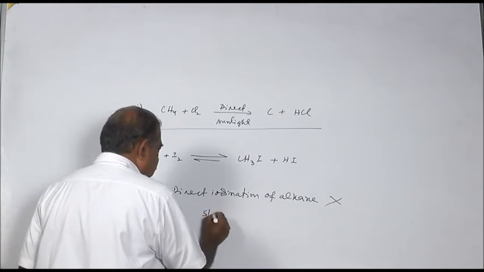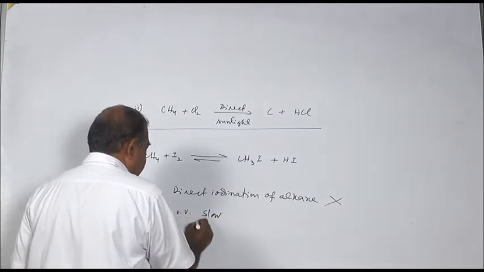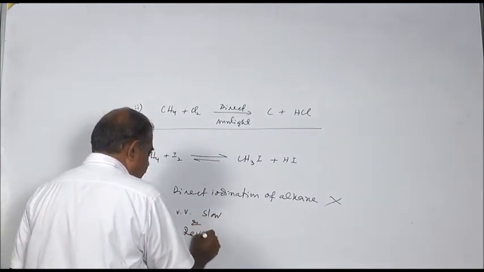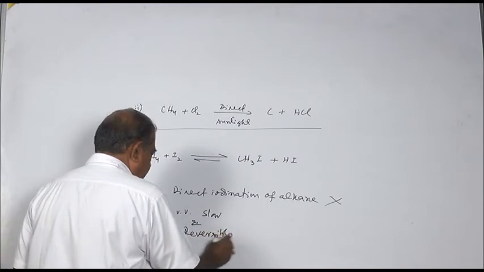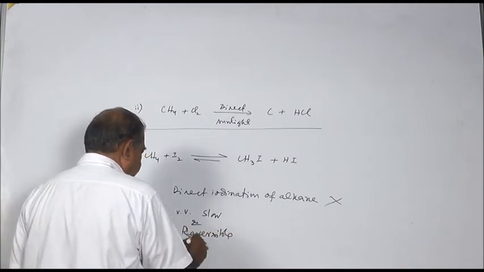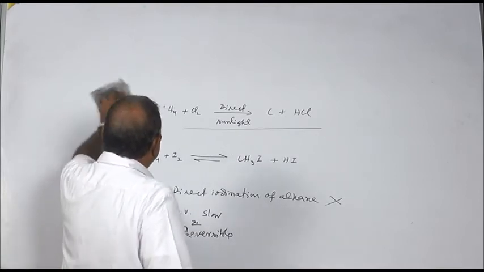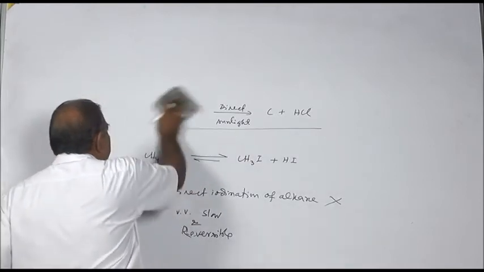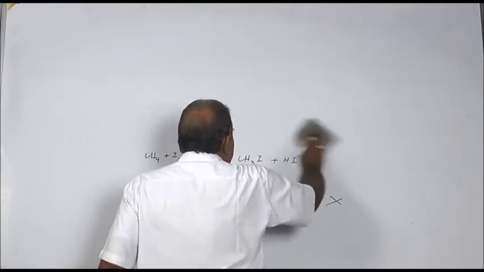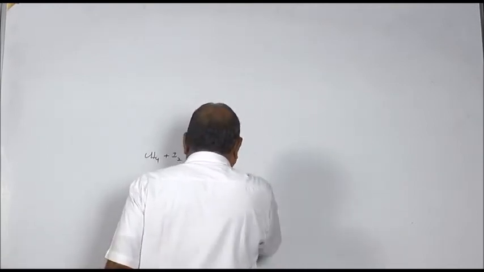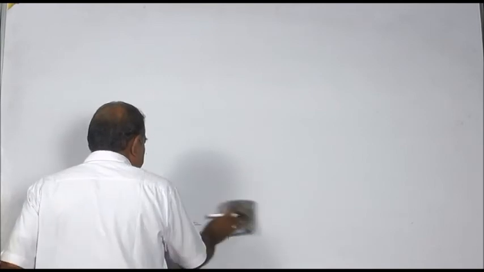Therefore, direct iodination of alkane is usually not carried out. This is regarding your halogenation. Next I shall proceed to nitration.